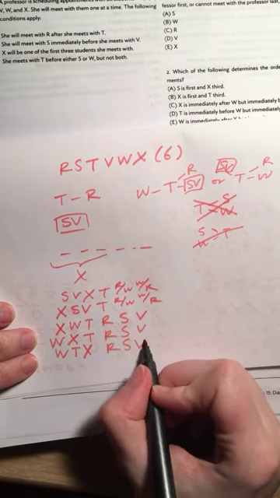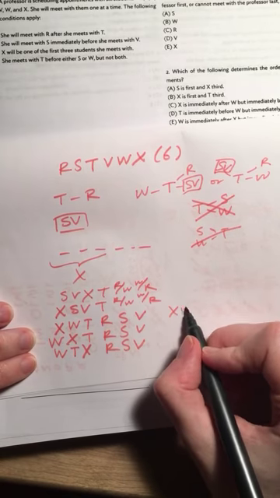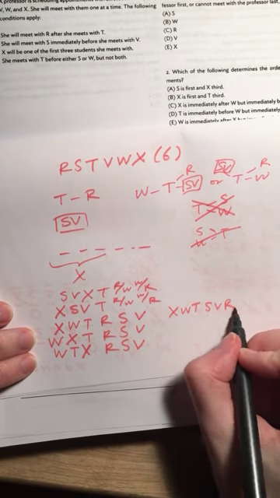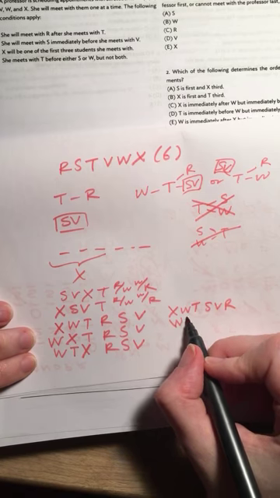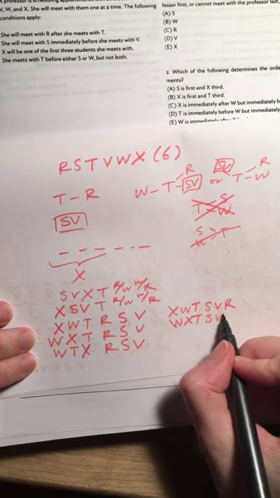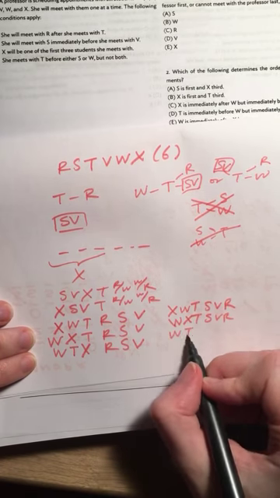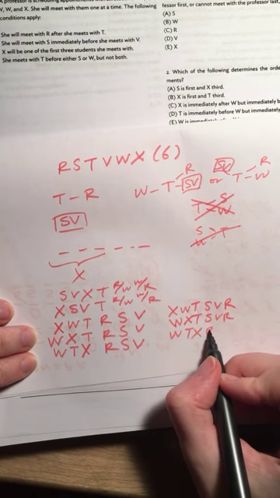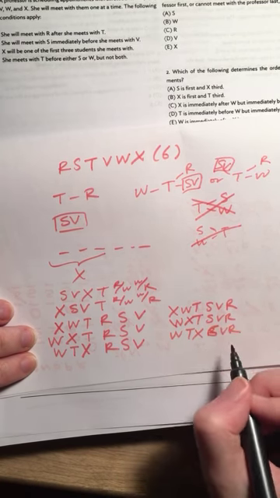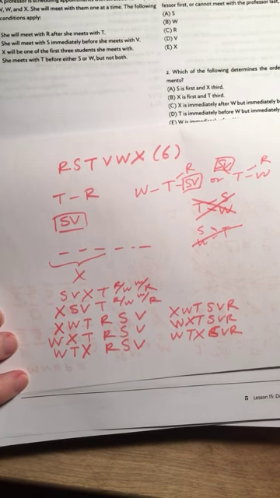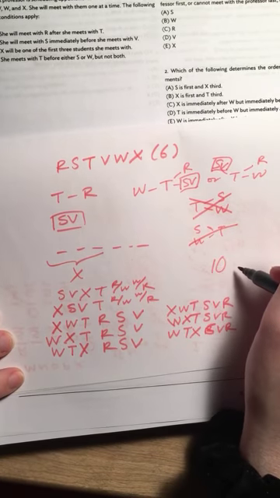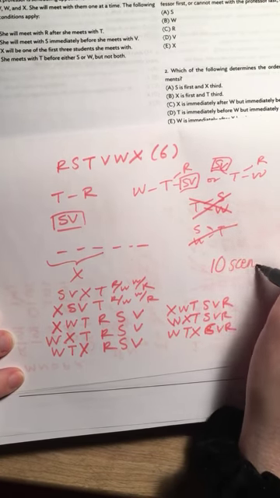So SV, or we would have SVR, WXT, SVR, WTX, SVR, sorry. So that takes care of all of the different scenarios. So actually altogether this would be 10 scenarios.